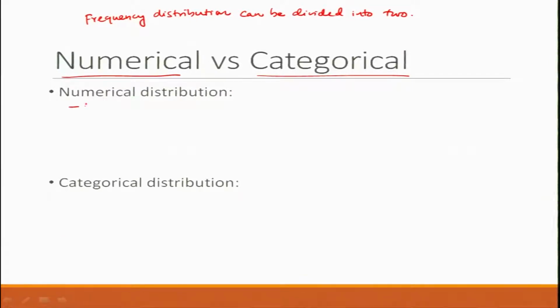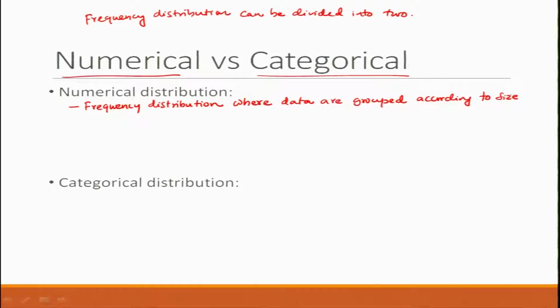A numerical distribution is a frequency distribution where data are grouped according to size, or what we can call the numerical value.